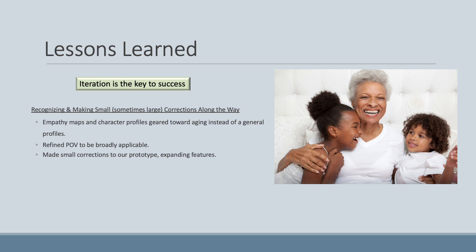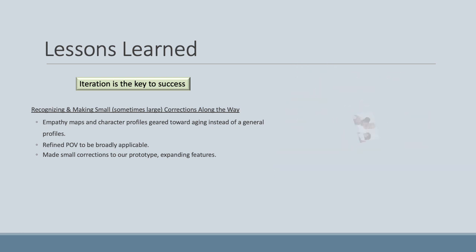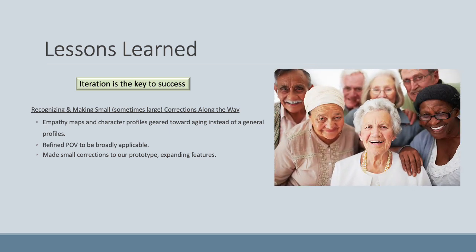As discussed in the previous slide, finding a more diverse group of interviewees for our character profiles would have likely aided in later phases of the process. And these types of little bets, meaning looking into finding a more diverse group to interview, would have done wonders for our process.